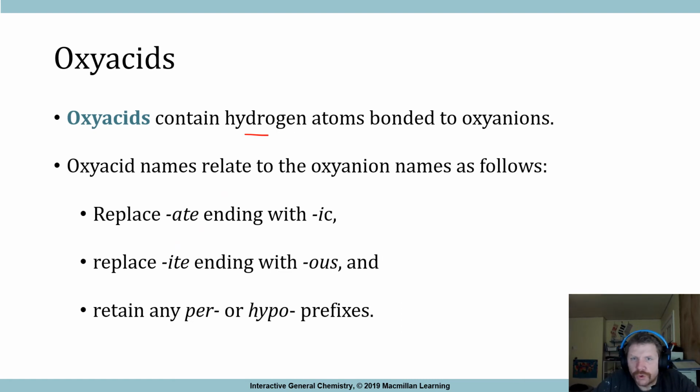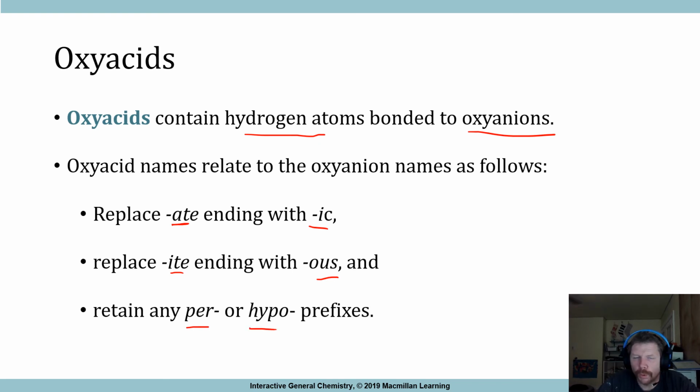Oxyacids contain hydrogen atoms bonded to oxyanions. We saw some of those oxyanions, for instance, perchlorate. An oxyacid name relates to the oxyanion names as follows. You're going to replace that ate with ic. If there is an ite, you'll replace that with us, and you're going to retain any prefix like per or hypo.